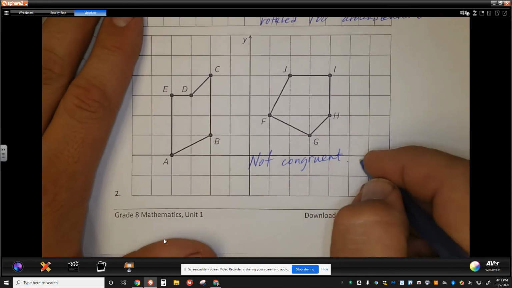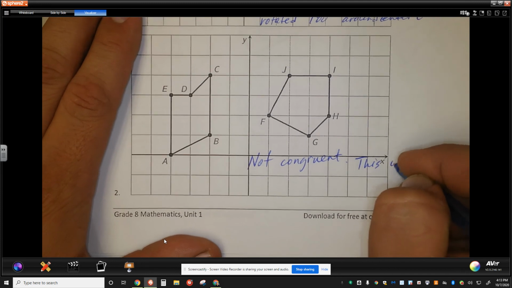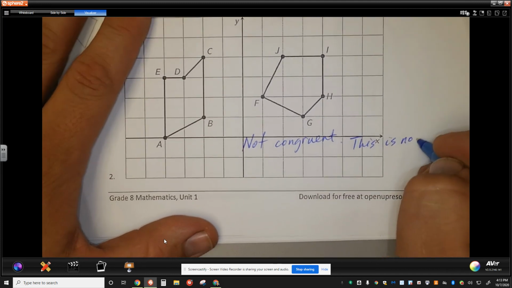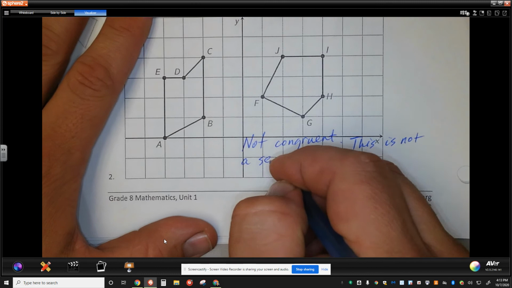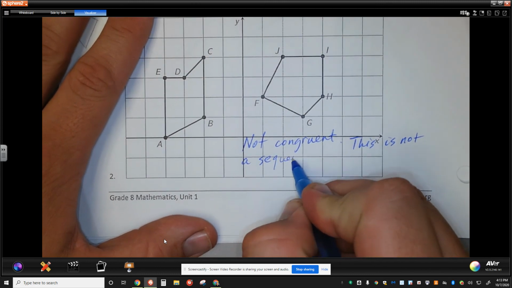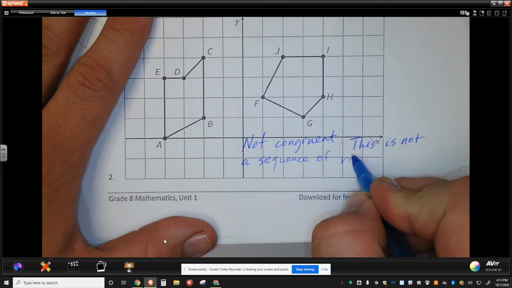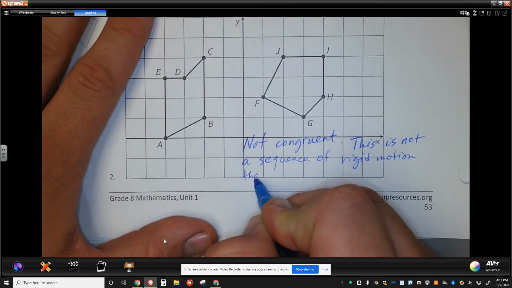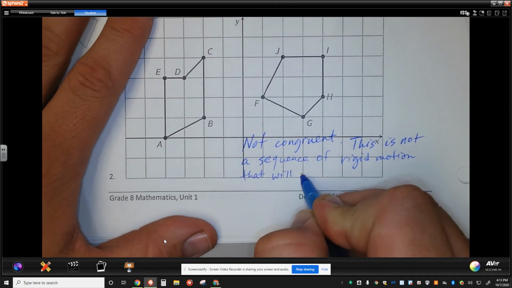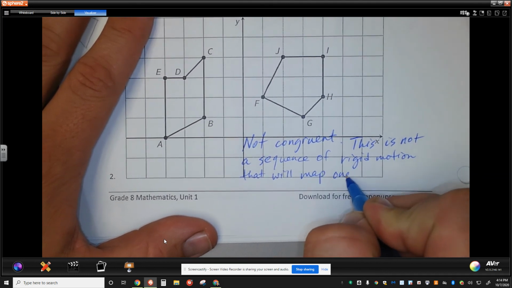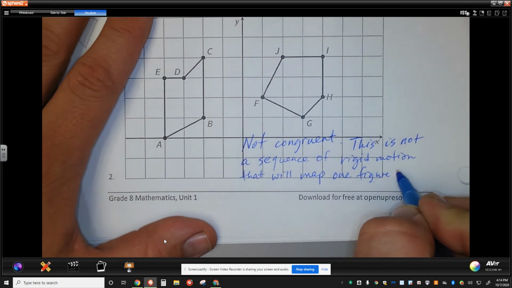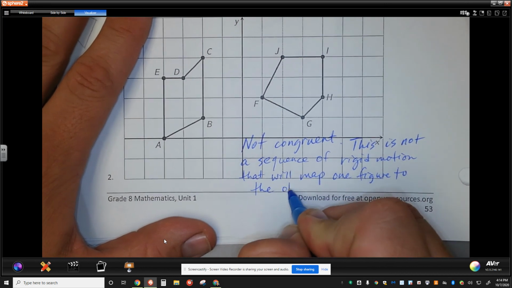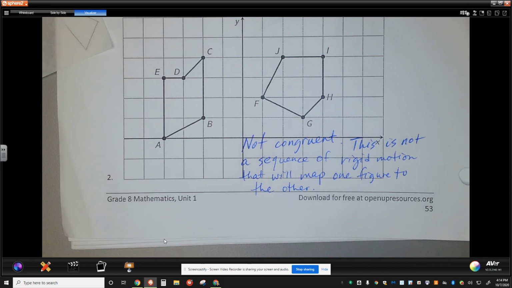And our evidence is going to be there is not a sequence of rigid motions that will map one figure to the other. And by stating to somebody that there's no sequence of rigid motions that will map that, we're implying that there's no correspondence between the lengths of the segments.